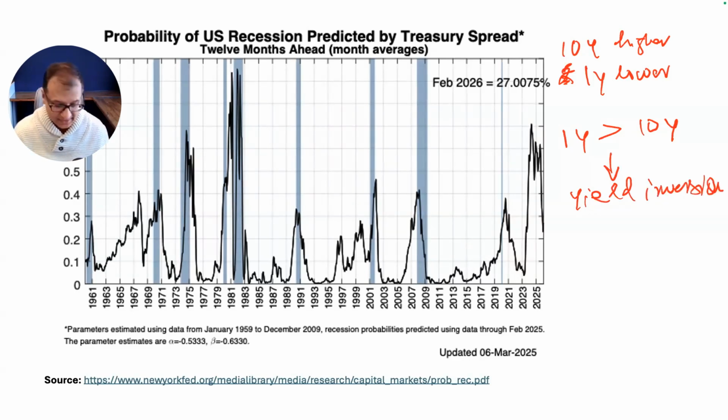Let's say this is the long-term treasury yield, and then we have a short-term treasury yield. Let me put it in a different color. This is typically the short-term treasury yield. When the inversion occurs, this one actually goes above the long-term treasury yield. And when that happens, that's called an inversion.